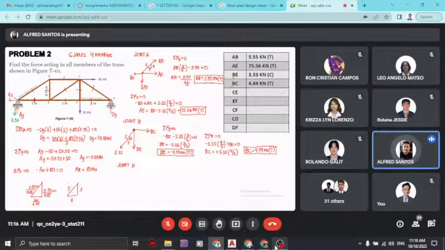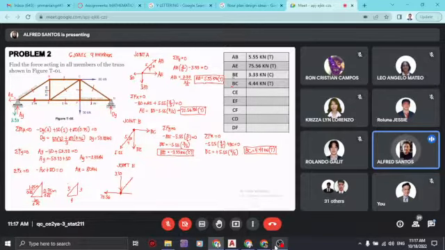Okay, so proceed tayo kay joint E. So you have your BE. What's your BE? 3.33, no? Ito, compression, so ibig sabihin, papunta siya sa joint E. And then you have your AE. What's your AE? 75.56 tension, papalayo sa joint.